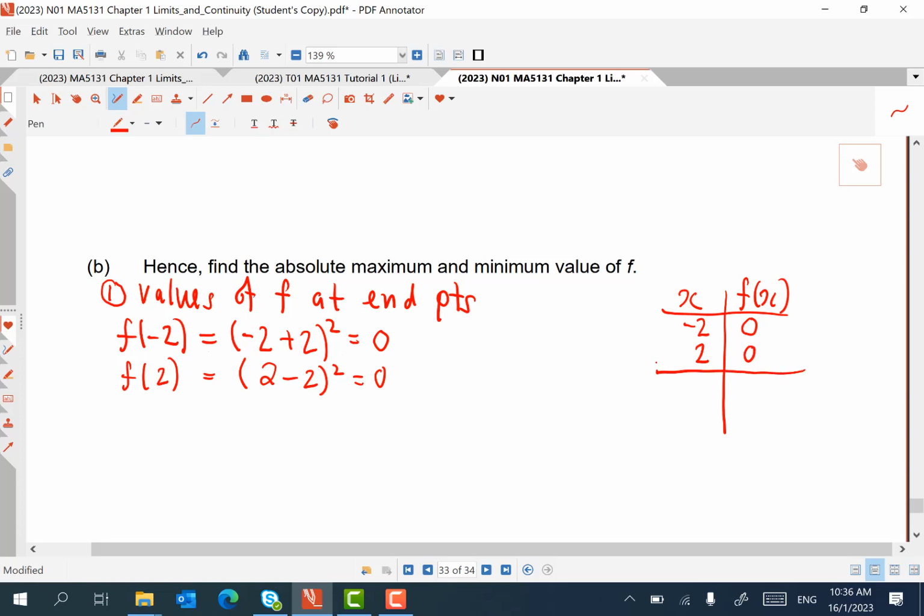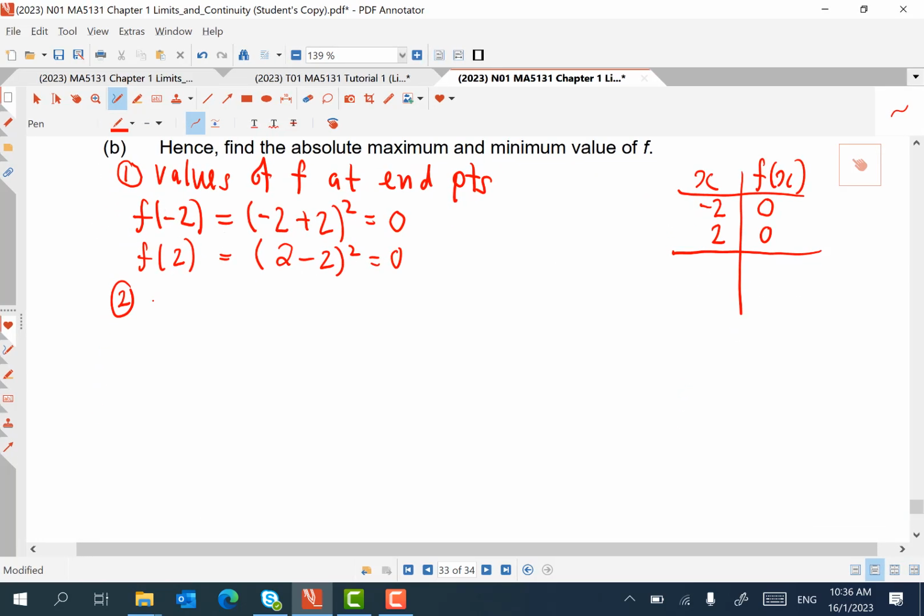Okay. Then the next thing is you want to find the values of f at the critical points. And we recall the definition of critical points.